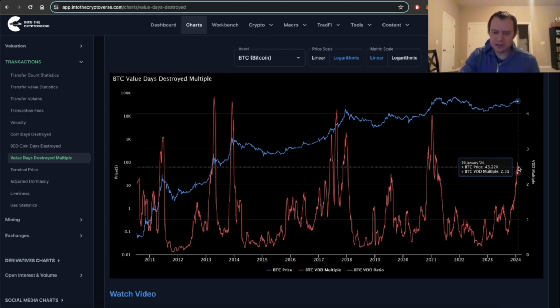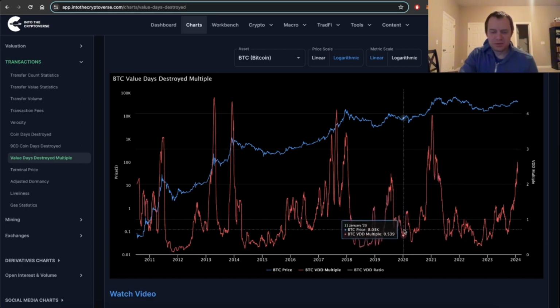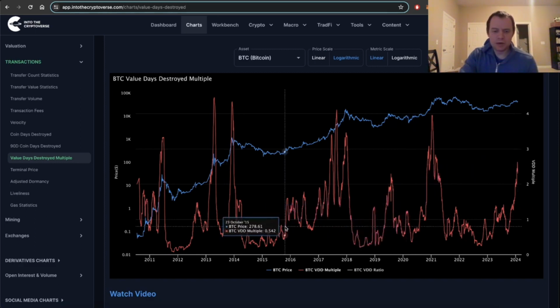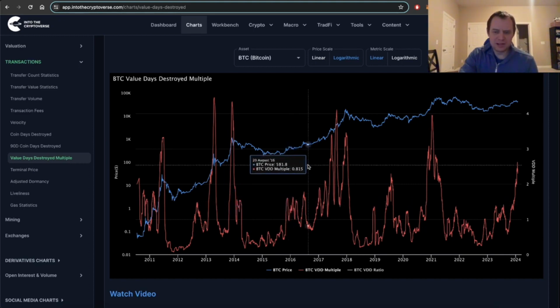The one interesting thing is that when you look at price history, there's never been a time where this metric was this elevated at this phase of the halving year, right? So if you think about 2020, this metric was a lot lower, right? You think about early 2016, it was still somewhat elevated, but it wasn't way up here.